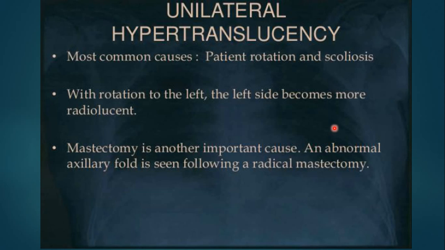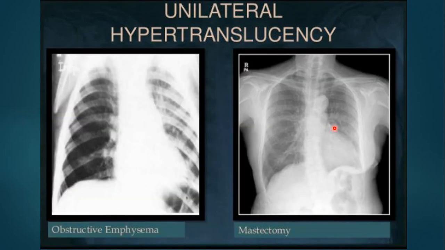Is it present or missing? Because in radical mastectomy, the axillary fold will be missing, and we will see some examples. For example, here you can see that this lung is hypertranslucent or more transradiant or emphysematous compared to this lung, okay?